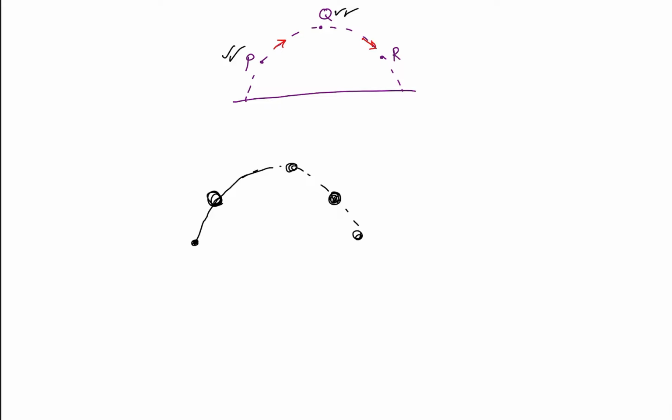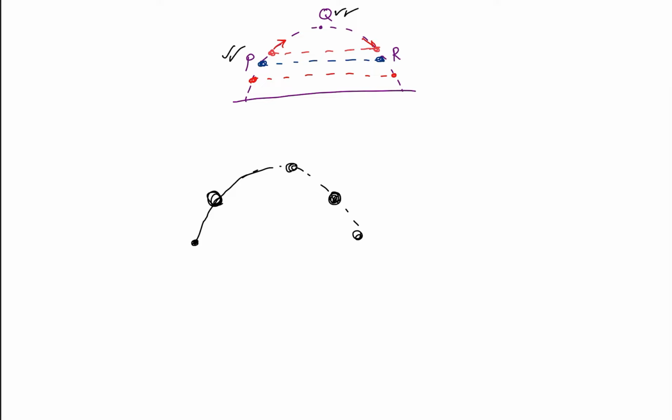So the velocity of the ball at this point is equal to this point, at this point is equal to this point, and at this point is equal to this point. So from here, we find out that the speed at point P is equal to the speed at point R.